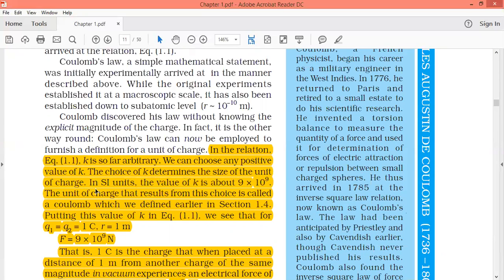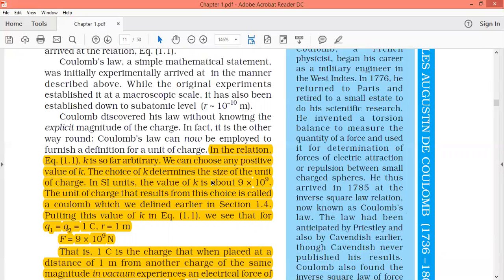What is the size of unit of charge? Okay. So this may be an important bit. What is the choice of k? The choice of k determines the size of unit of charge. In SI unit, the value of k is 9 into 10 power 9. This is the value you get. The unit of charge that results from this choice is called a Coulomb.